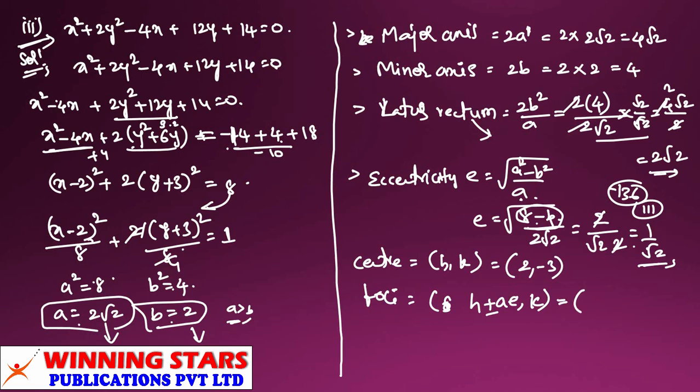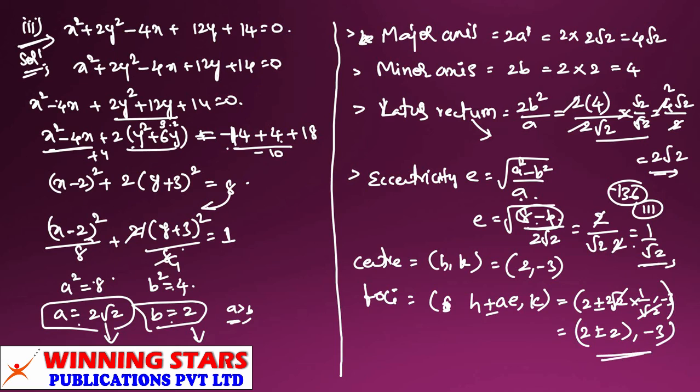So what is h here? h is equal to 2 plus or minus a into e. a is equal to 2 root 2, into e is equal to 1 by root 2. So root 2 will get cancelled, and 2 plus or minus 2 will remain, comma k, where k is equal to minus 3.